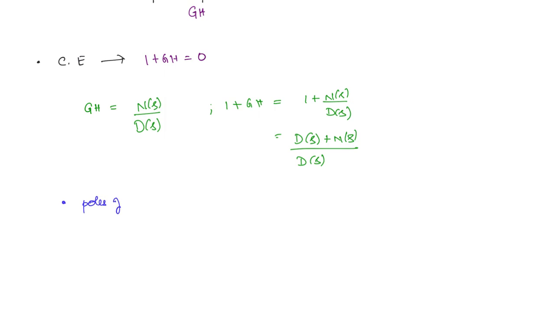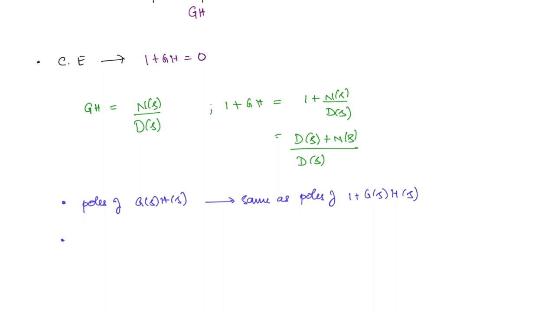The poles of G(s)H(s) are the same as the poles of 1 plus G(s)H(s). Then what about the zeros? Zeros means you have to equate the numerator function to 0, right? Here the numerator function is n of s, and here the numerator function is d plus n.